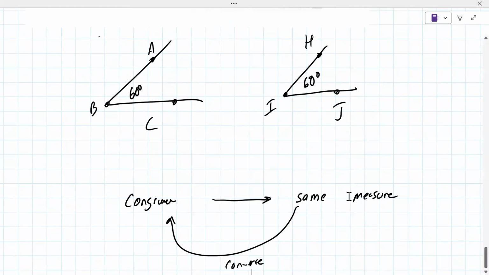If you're told they're the same measure for congruence, that's converse. Okay. Thoughts on that? No, it makes sense. Okay.